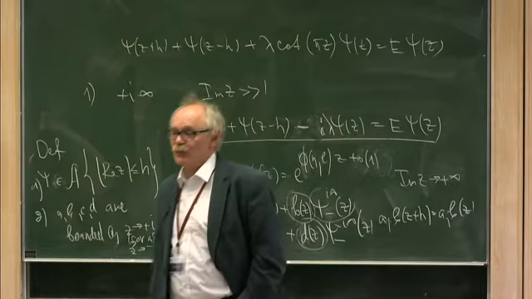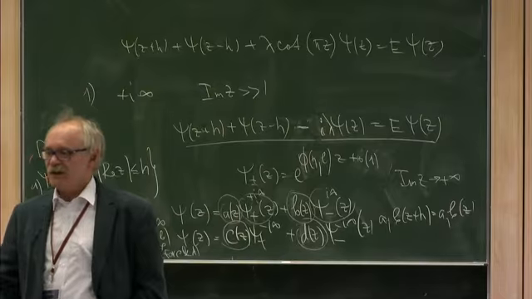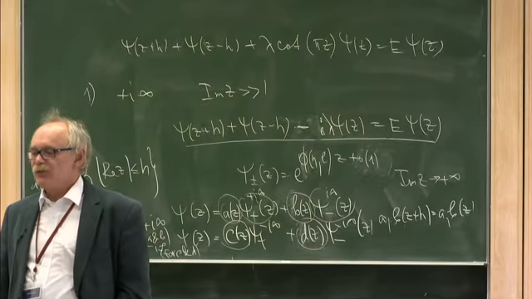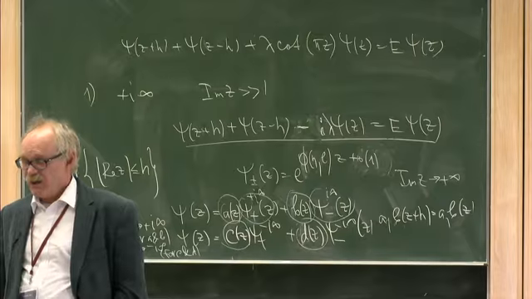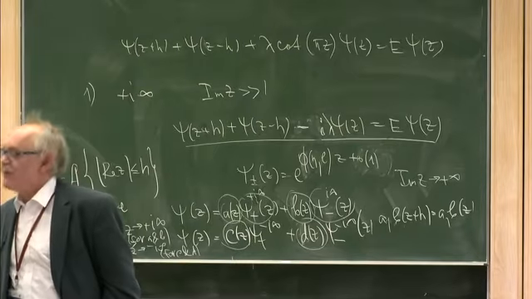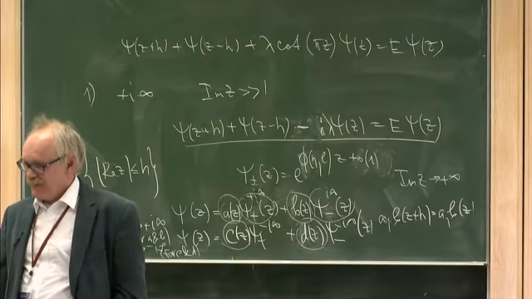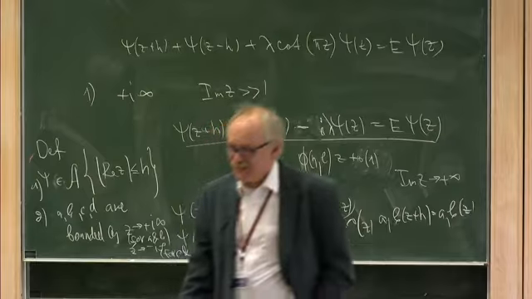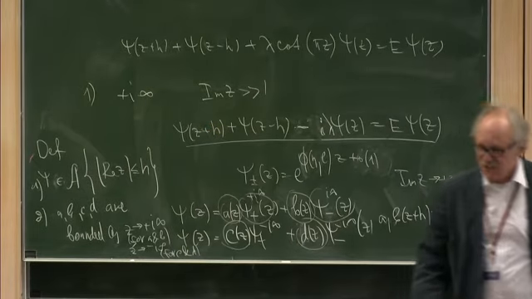That is the definition. One can prove that there is only one solution having this property up to a constant factor. And if you have a solution which increases more quickly at infinity, it's zero. That is the exact definition.